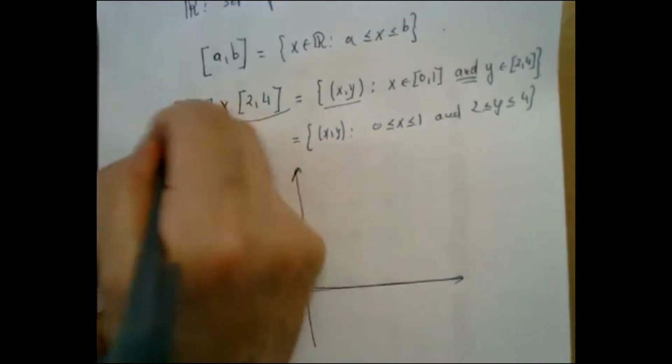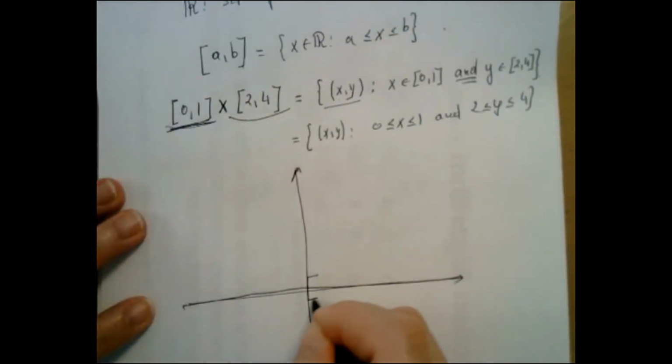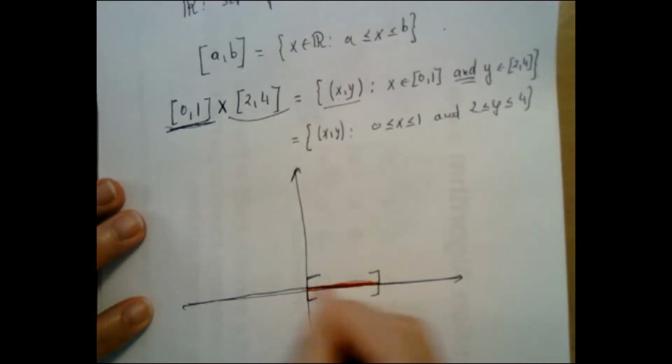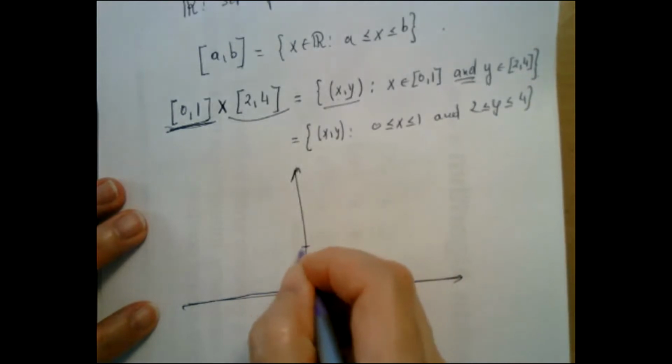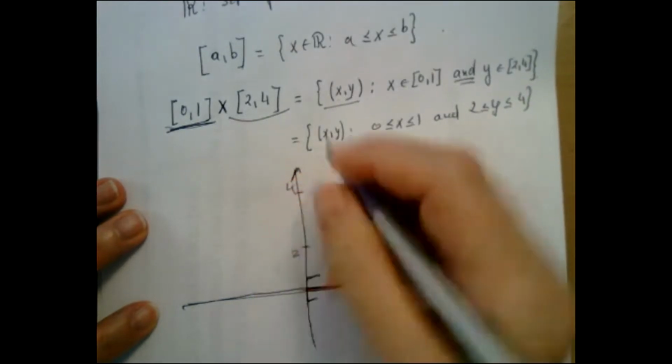So [0, 1], I visualize it, this interval. That's [0, 1], everything in here. [2, 4], if I visualize it here, that's the 2, that's a 4, that's [2, 4].